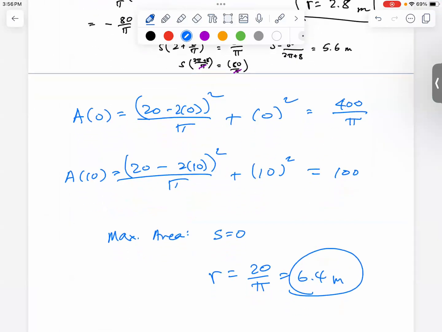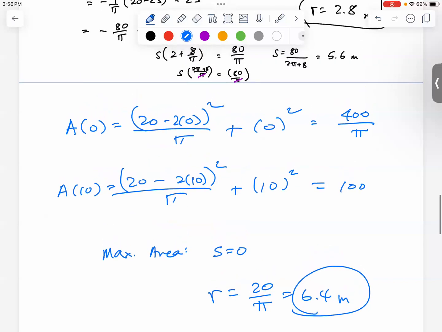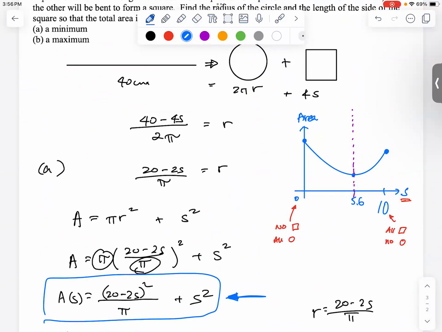Okay. So if I were the teacher, I would definitely have this on the test because it really tests how you think. Are you actively thinking about the graph? Are you considering the effective, the reasonable domain? Okay.